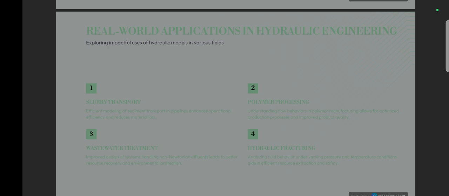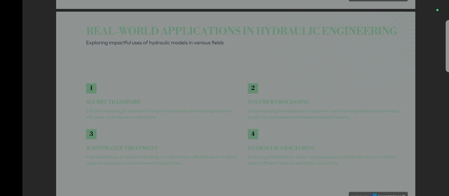Third one, fluid flow in complex geometries like rivers and channels. In river engineering and the design of hydraulic structures, flow through irregular channels or man-made structures such as dams, locks, and spillways is difficult to model accurately using traditional methods due to the irregularity of the flow path and the complex interactions between the fluid and the structure.